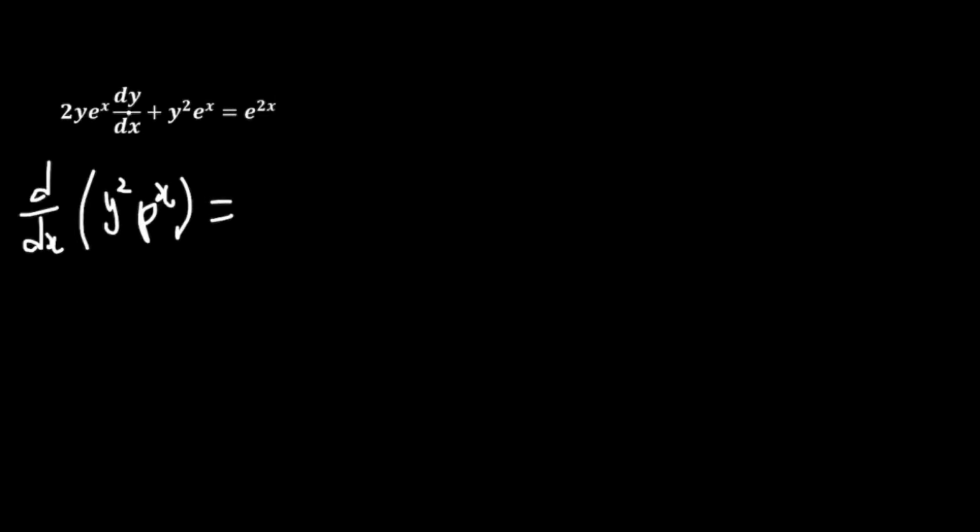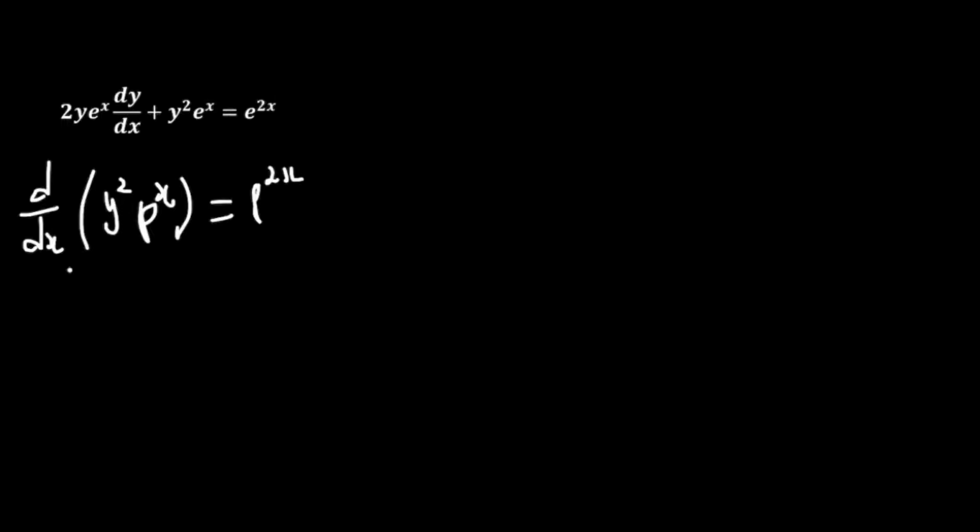Therefore, the first thing we need to do is look for a function which, when we take a derivative of that function, let's say the function should be y squared e to the power x, should give us all of these. So normally this is e to the 2x. So let's try to look for the first derivative of this function and compare with what we have on the left hand side. If it's the same, then we can proceed from there.